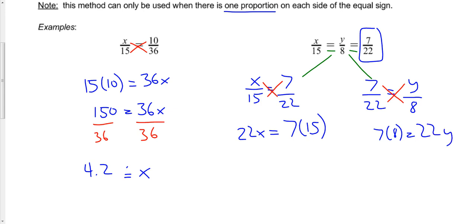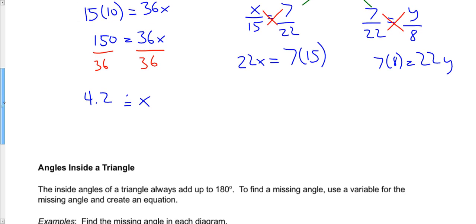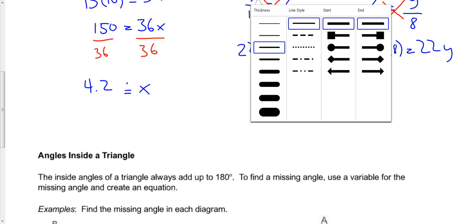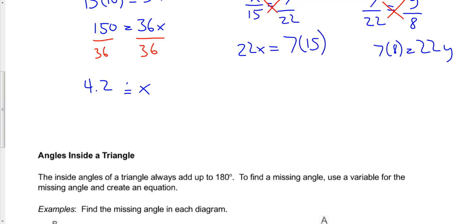Okay. So again, we need to get the variable terms all by themselves. So in both cases, the variable terms are being multiplied by another number. And so now what we need to do is actually divide both sides by 22 in this case. So 22 times x, the opposite of multiplying x by 22, is dividing both sides by 22.